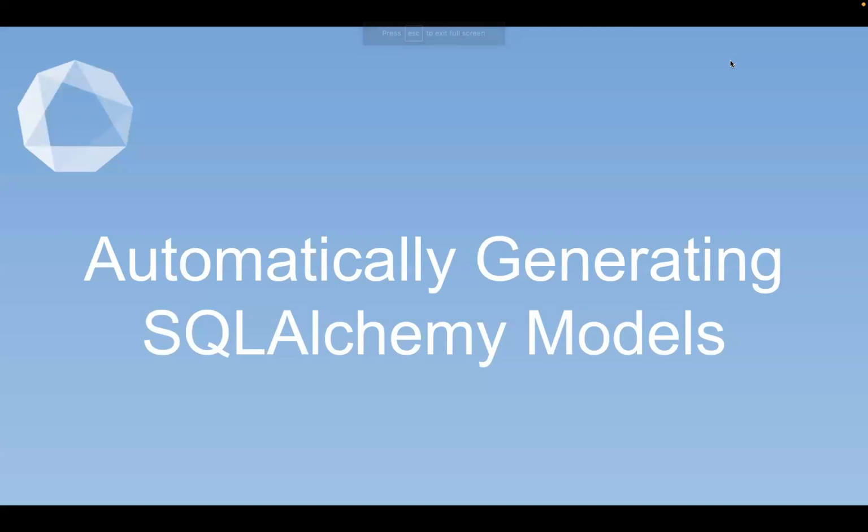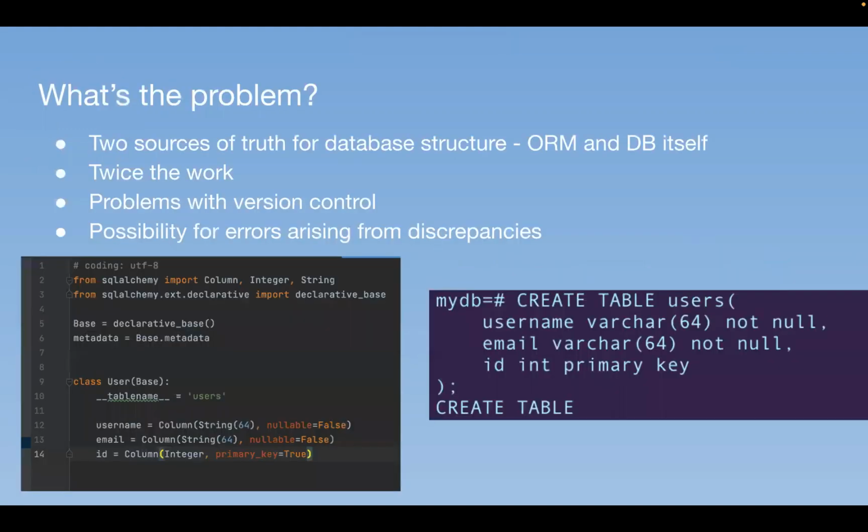My name's Amelia Crowther, and I'm going to be talking about automatically generating SQLAlchemy models from database code. So I think it's best to start this discussion with a formal statement of the problem.